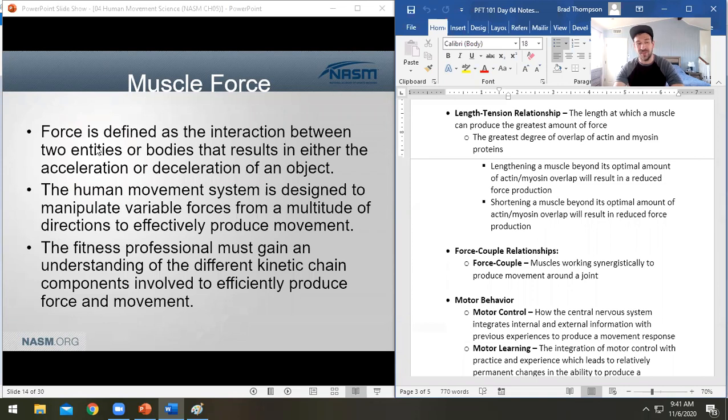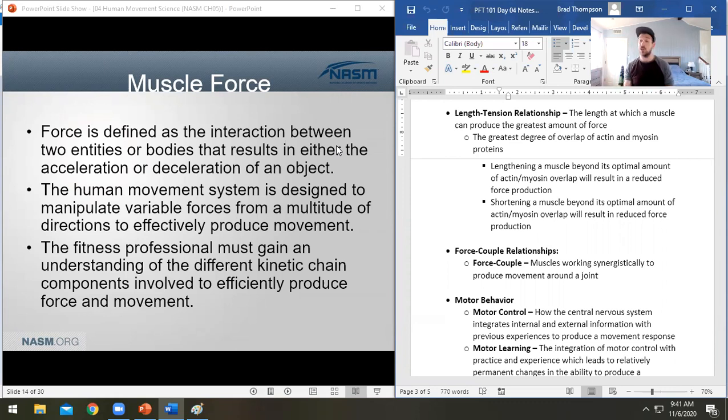So force is defined as the interaction between two entities or bodies that results in either the acceleration or deceleration of an object. That is a very technical term. Basically, force is something that moves, something that speeds something up, or something that slows something down. Or maybe it's something that holds something in place, right?